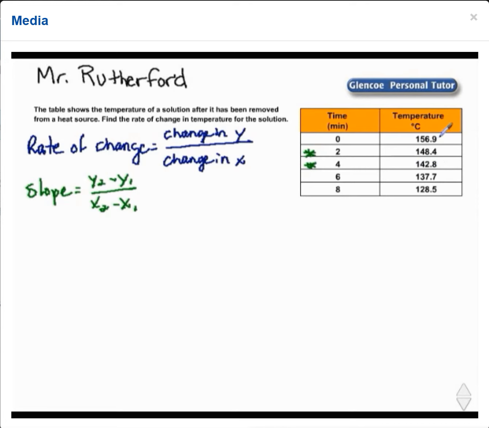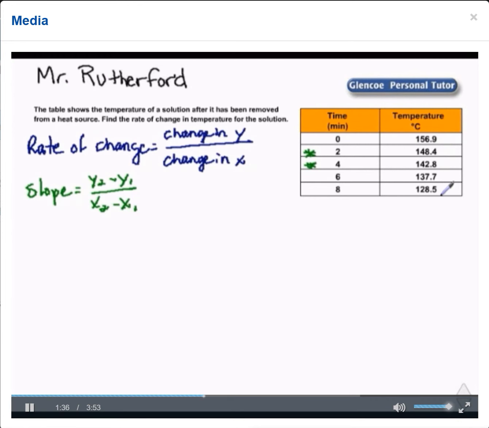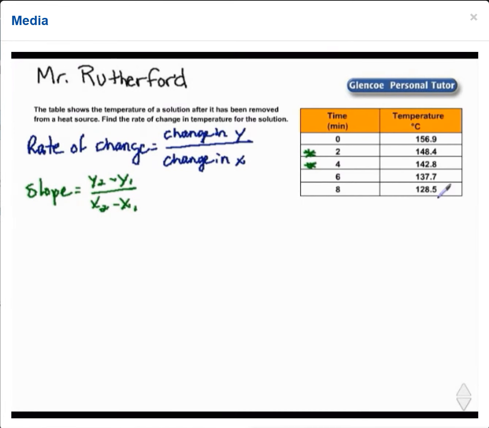Before we actually find the slope, let's notice here that the temperature is decreasing as the minutes increase. This means we should have a negative slope. So, our ordered pairs we said are 2, 148.4 and 4, 142.8.